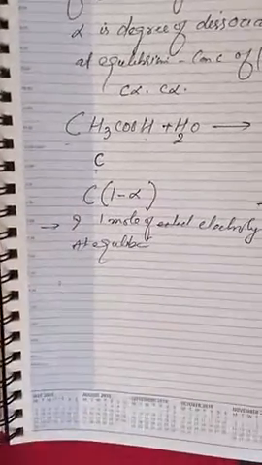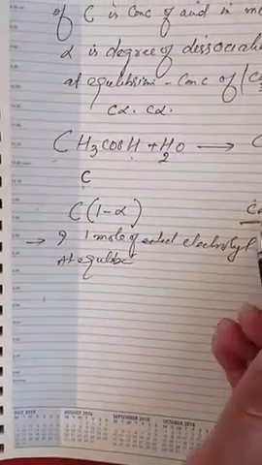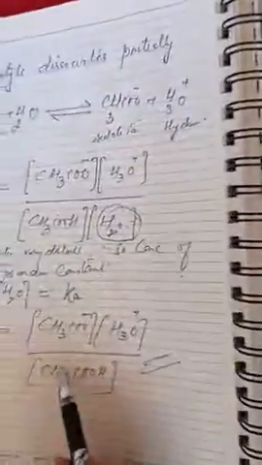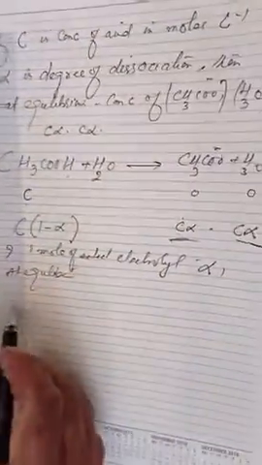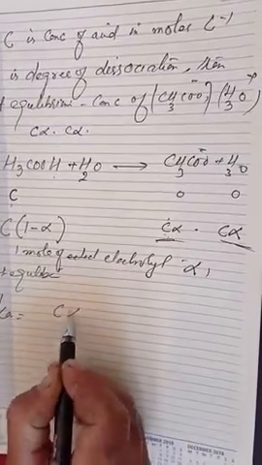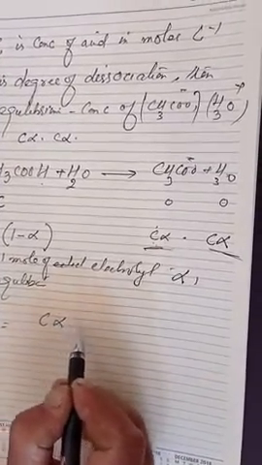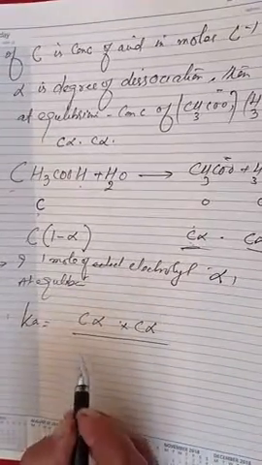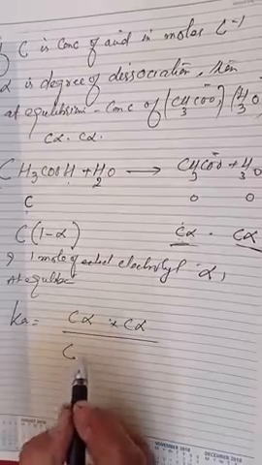Therefore I will apply these values into this equation. Here I will apply C alpha and C alpha. So Ka is equal to C alpha into C alpha divided by C into 1 minus alpha.